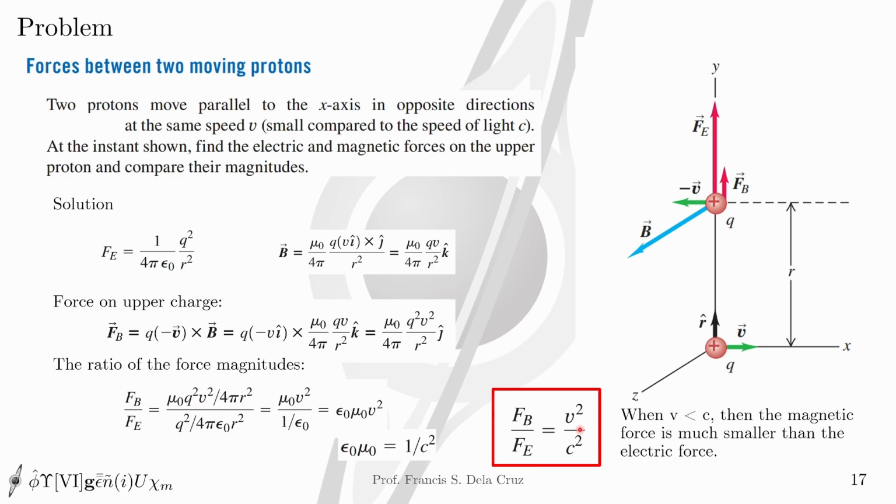So for these two protons, the significant force of interaction is not magnetic, it's electric. Especially if these two charges are not moving at all, then there's no magnetic force. But even if they are moving opposite to each other, the effects of the magnetic force due to one charge is really small compared to the effects electrically. So that's it for this problem.